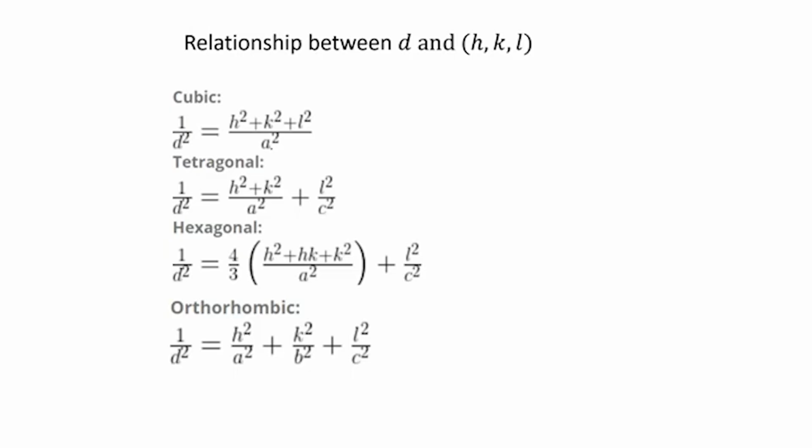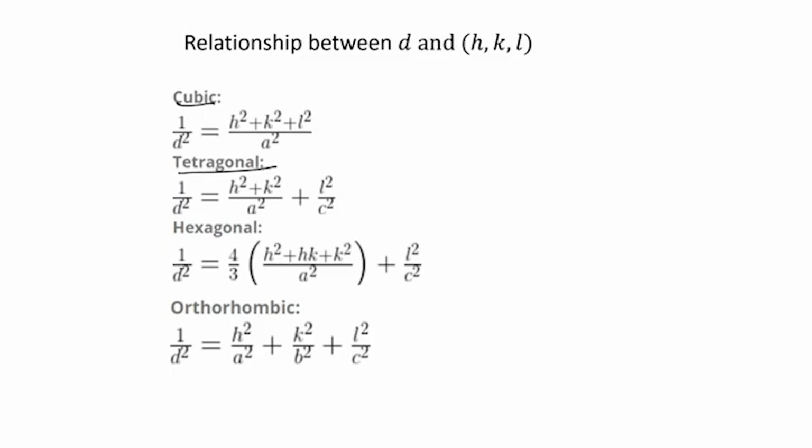So we have 1 over d square equal to h square plus k square plus l square divided by a square for a cubic lattice. For a tetragonal, it is h square plus k square by a square plus l square by c square, and for hexagonal it has a more complicated form, and for orthorhombic it has this form.